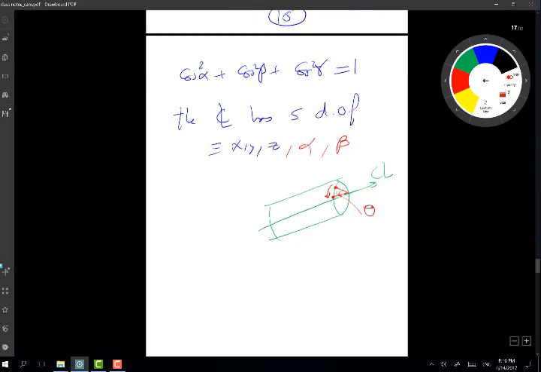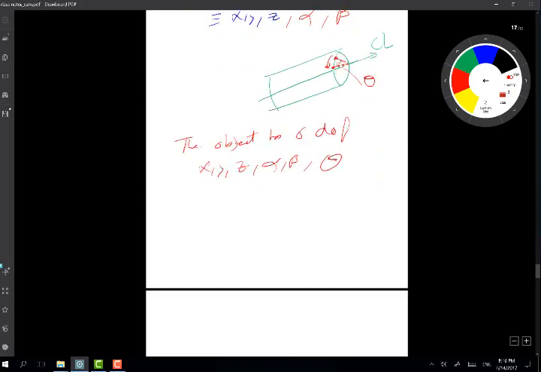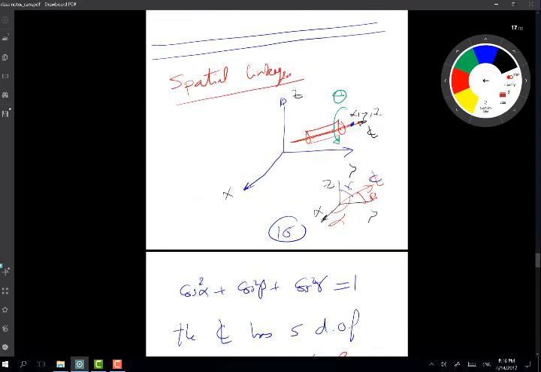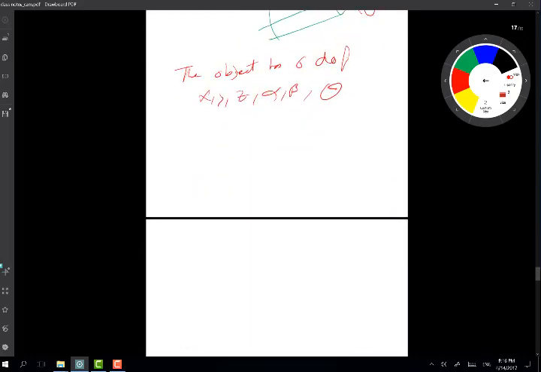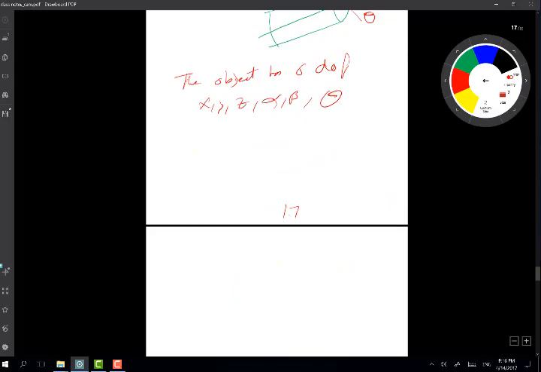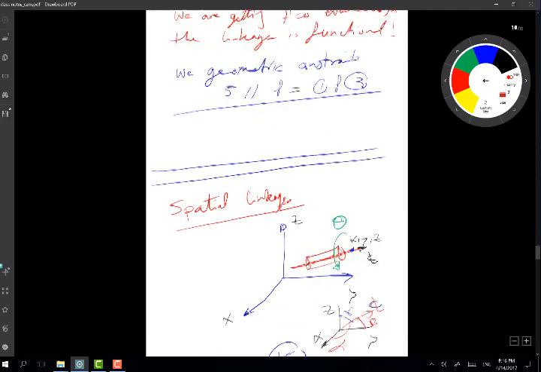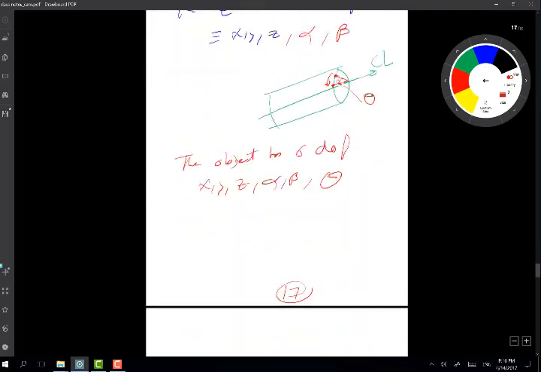So the object has 6 degrees of freedom, being x, y, z, alpha, beta, and theta, right? Okay, so we know that the object in space has 6 degrees of freedom. Now, this number 6, correct? Okay, it is. All right.